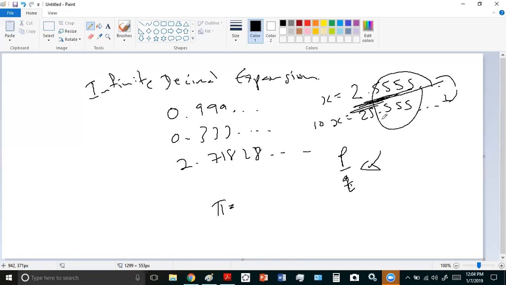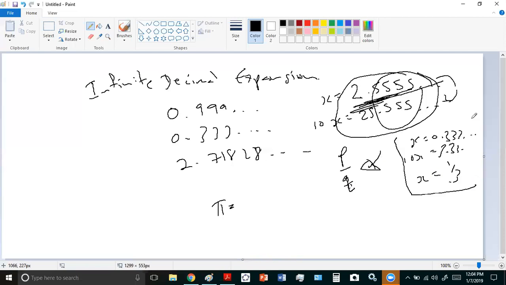And of course, this isn't true in every radix system either, because, for example, a third is not measurable in base 10, even though you can do something like that and then multiply by 10 and then you end up with x is equal to a third. That's just total garbage.